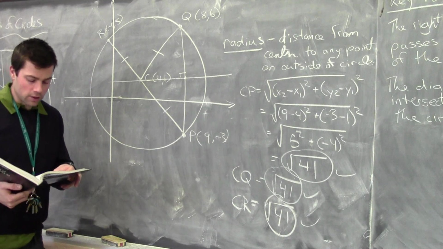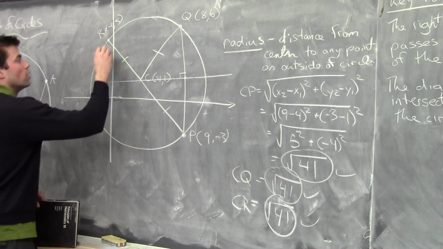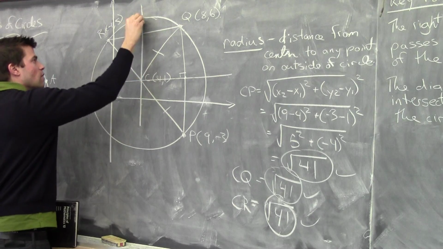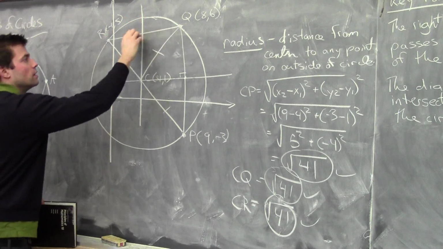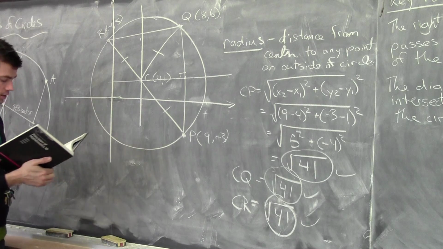Similarly, the right bisector of QR includes all the points that are equidistant from Q and R. So if this is my Q and R, here's my right bisector. This line now contains all the points that are equidistant from Q and R. You see where I'm getting with this? These two lines meet only at point 4, 1 in the center.